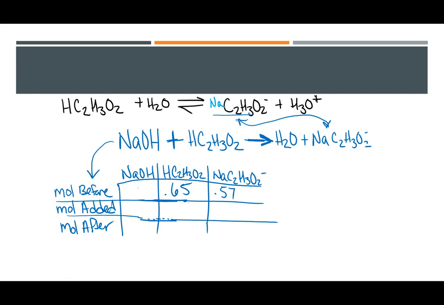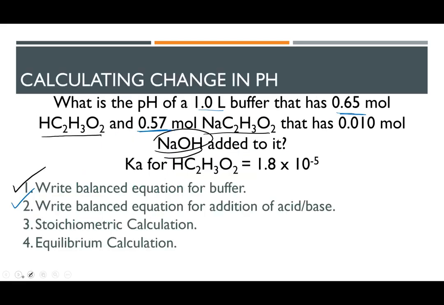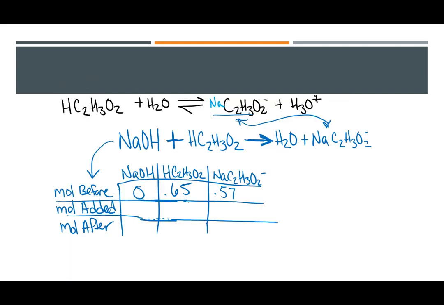Before we add the strong acid or base, there's none of it because we haven't added it yet. Next, we're going to see how much we add. So we're adding 0.01 moles of our strong base in this case. So 0.01, and as we're pouring it in, this doesn't change, this doesn't change.